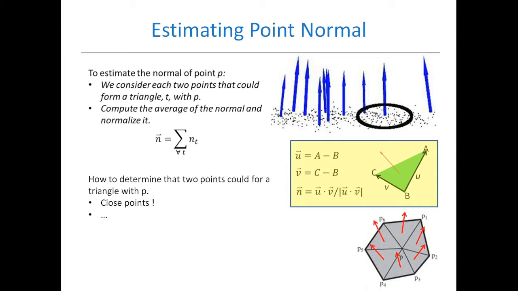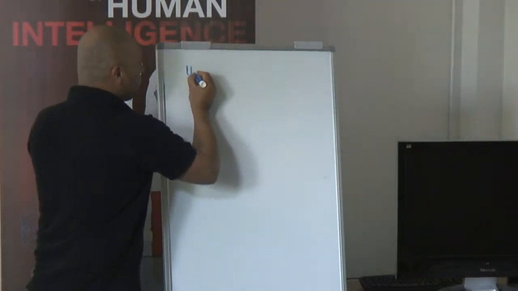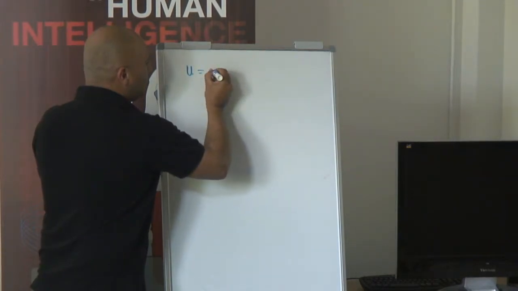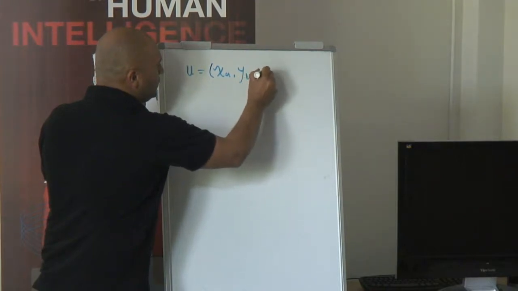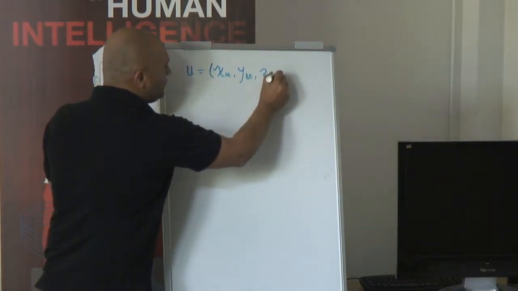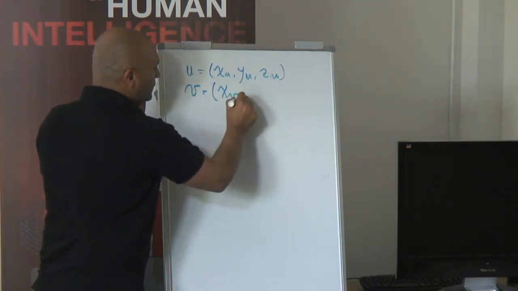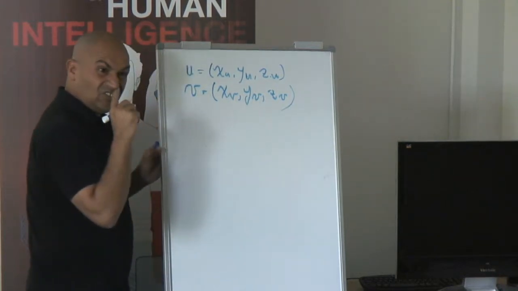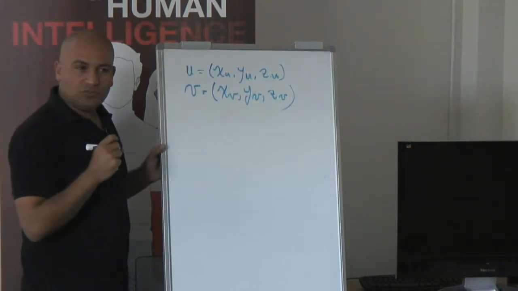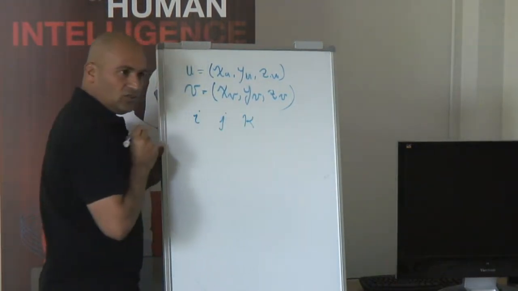If I have two vectors, u, which we call x_u, y_u, z_u, and the other vector v, which will be x_v, y_v, and z_v. I usually take a very simple approach to compute the cross product. I start with i, j, k, the unit vectors.